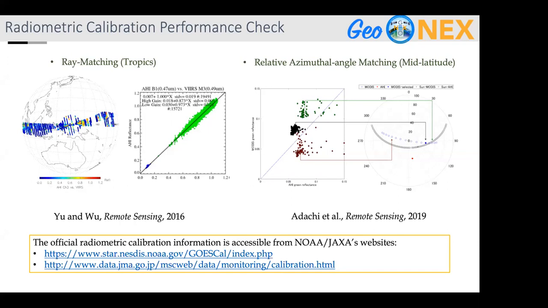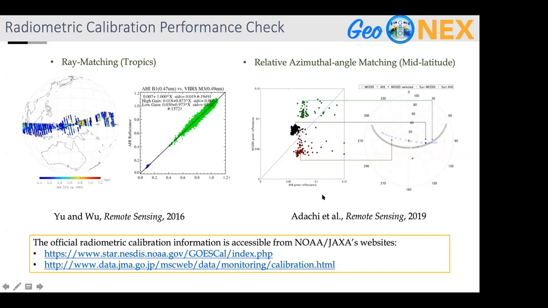One way to do it, obviously, is to match the pixels with the same geometry, which is called ray matching. But it can be only very few pixels, and you can only do this in the tropics, right? Because in mid-latitudes or elsewhere, you don't have the same view angles as MODIS or VIIRS.